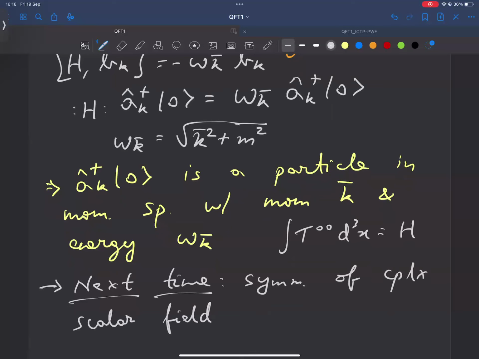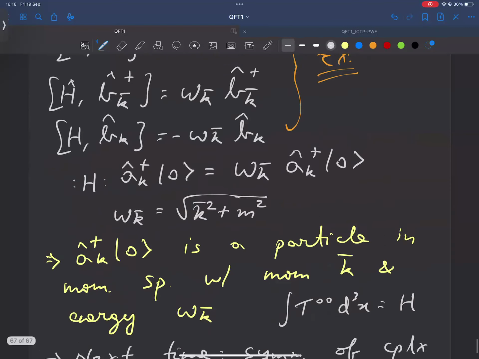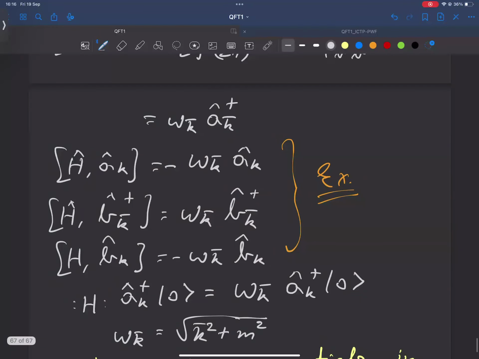And we will see that the charge that we will construct from here will commute with the Hamiltonian. And we will discuss antiparticles and all those things, how they come about. Okay, so let me end this lecture today here.